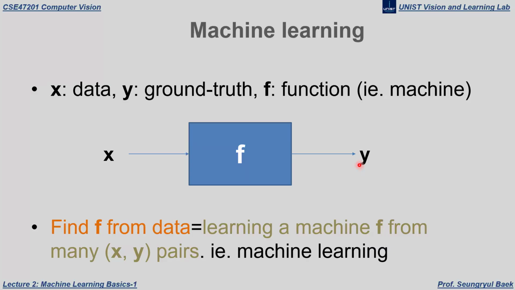I mean, we want to make this F(x) close to the ground truth Y. This is what happens during machine learning. We have to teach machines to output something that we are expecting. That is the machine learning algorithm.